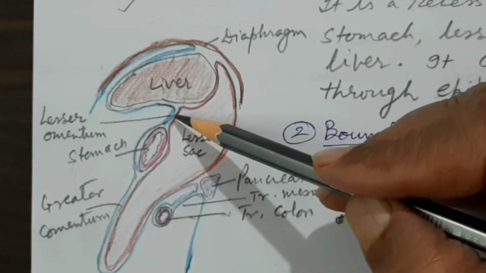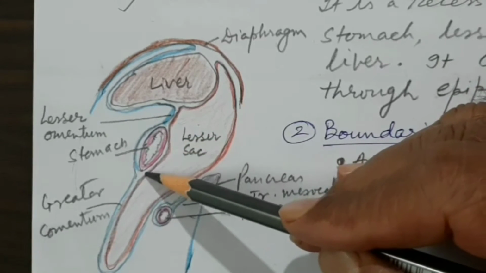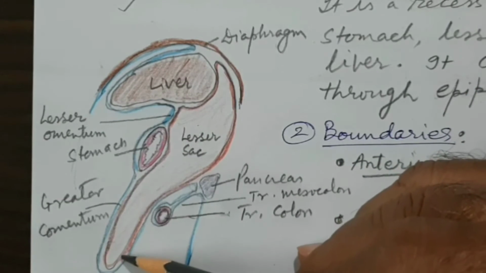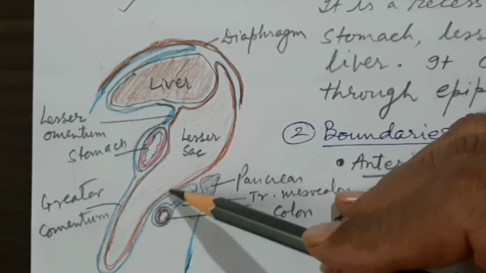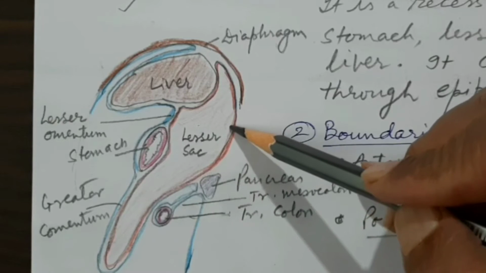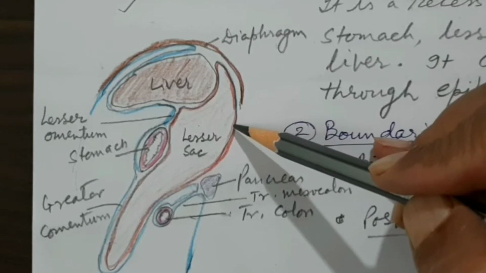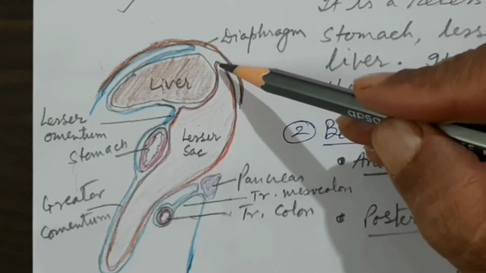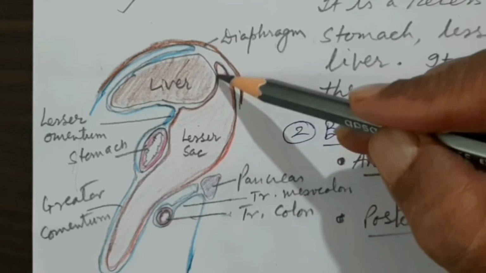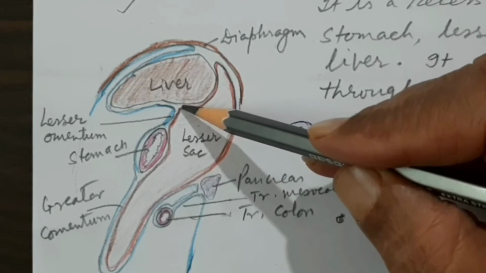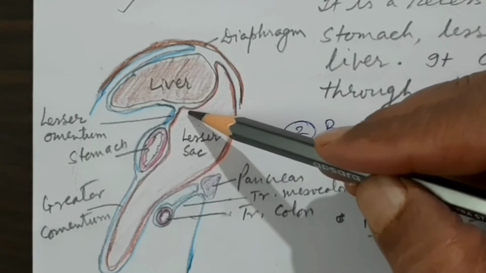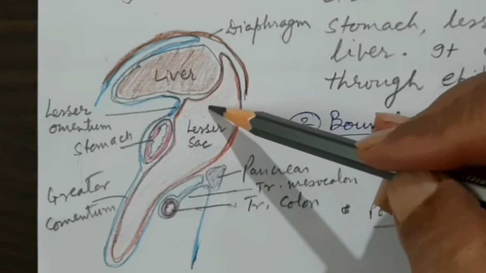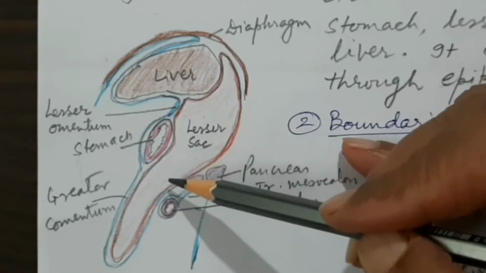So these two layers form the lesser omentum, then it covers the posterior surface of the stomach, and then the greater omentum as a second layer, and then it turns to cover the pancreas and the upper part of the posterior abdominal wall, till it goes to the under surface of the diaphragm again, and then reflects on the posterior surface of the liver to come to the fissure for ligamentum venosum after covering the caudate lobe of the liver. So this structure shown in the red shade is the lesser sac.